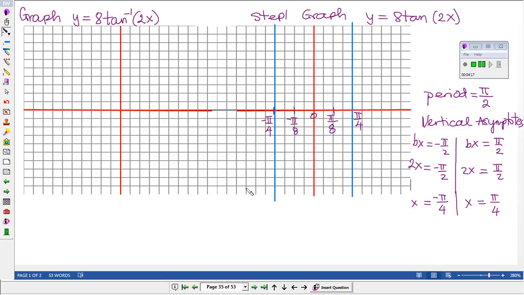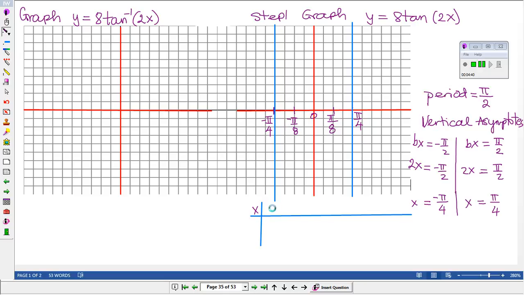So now we are going to make a table. Actually, we have to include the 5 x values from our two adjacent vertical asymptotes.